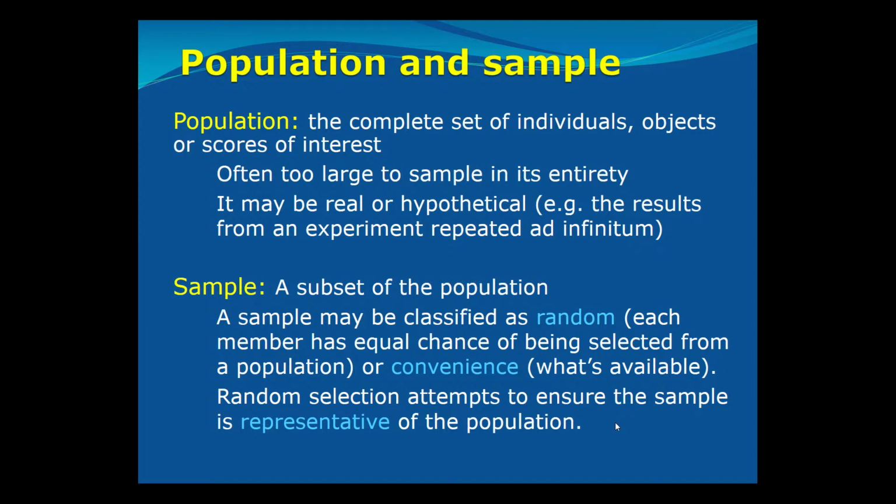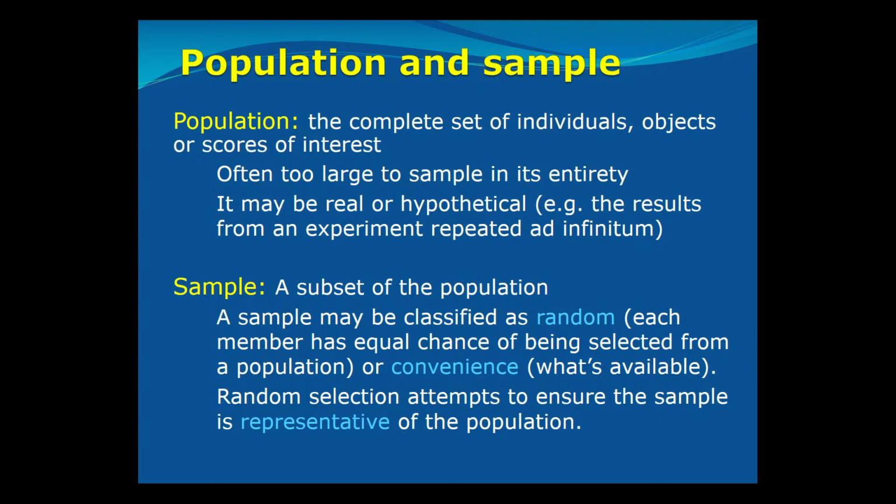Look at the definitions: population and sample. Population: the complete set of individuals, objects, or scores of interest. As usual in medicine, we investigate patients or different effects, often too large to sample in entirety. It may be real or hypothetical.